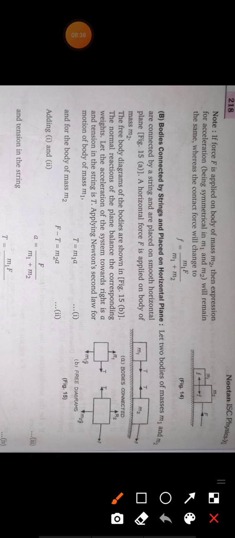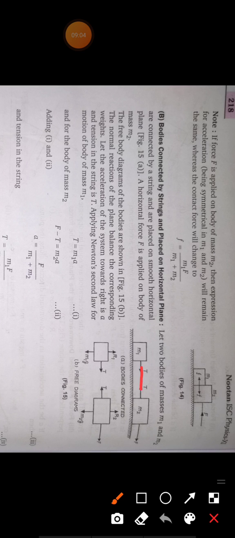If you assume there is friction, which there is in reality, then you have to calculate for the friction also. Here we are only discussing the simplest cases. In the previous case also we considered that there was no friction; this is a frictionless surface.